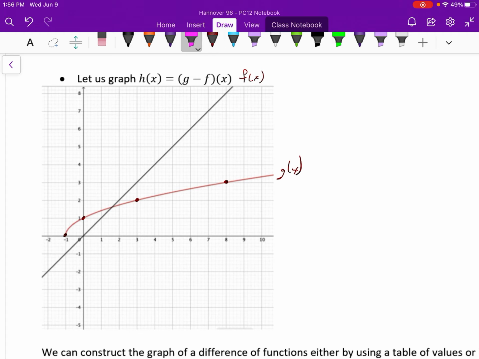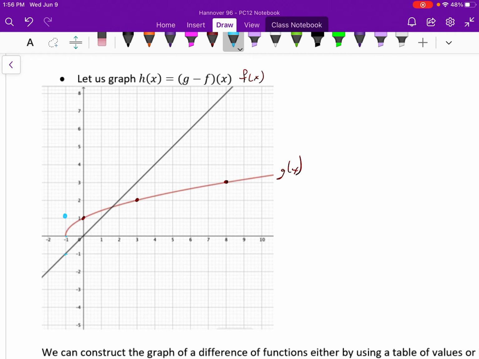So I'm going to try to do this mental math. The g of negative 1, 0, minus the f of negative 1, negative 1, is going to give me 1, because 0 minus negative 1 is 1.